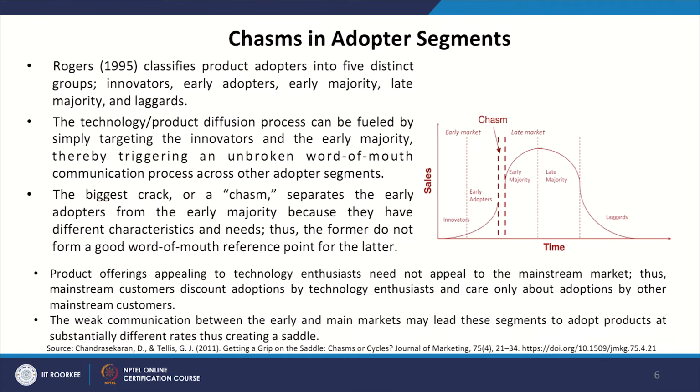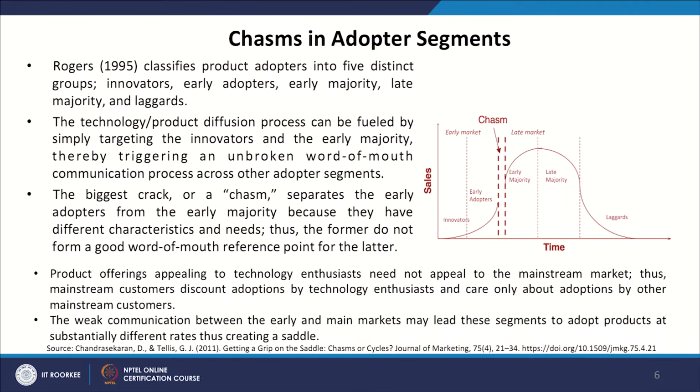Next, product offerings appealing to technology enthusiasts need not appeal to the mainstream market. Thus, mainstream customers discount adoptions by technology enthusiasts and care only about adoptions by other mainstream customers. The weak communication between the early and the main markets may lead these segments to adopt products at substantially different rates, thus creating a saddle. So, this is one description of how a saddle may come.